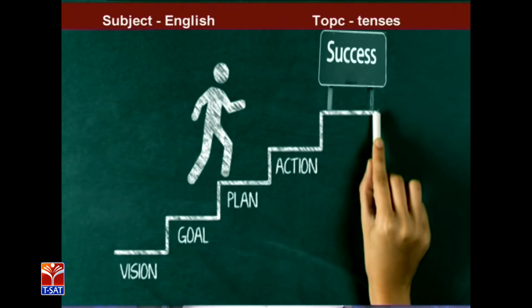Continuous tenses, perfect tenses, and perfect continuous tenses, three each. So that way we have got 4 into 3, 12 tenses in English.